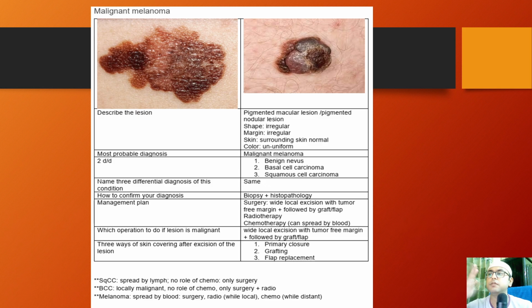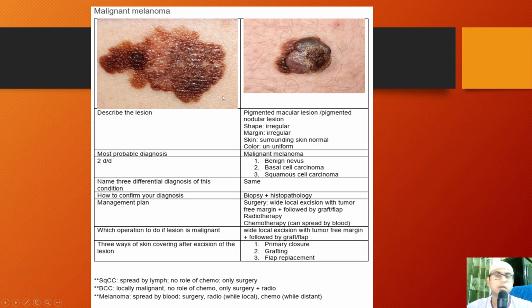So there are 5 to 6 types of melanoma, the most common being superficial spreading and the most aggressive being nodular melanoma. This one is the superficial spreading type of melanoma. It could arise from a benign nevus or mole, and then transform into malignant melanoma. And sometimes it is associated with squamous cell carcinoma.